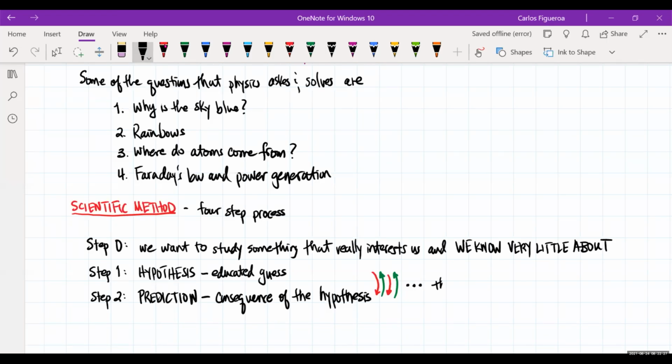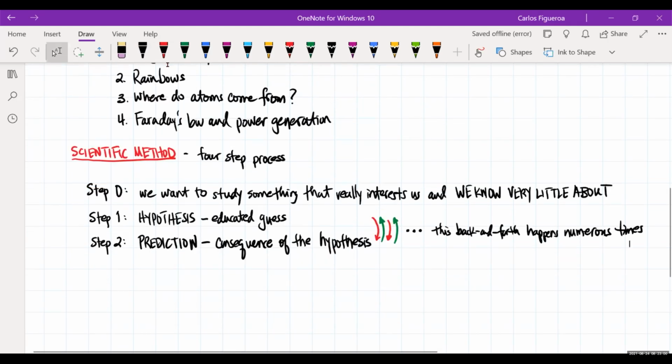So this back and forth happens numerous times. And then once you do that and you go back and forth a whole bunch of times, then there's the ultimate test of science. And that's step 3.